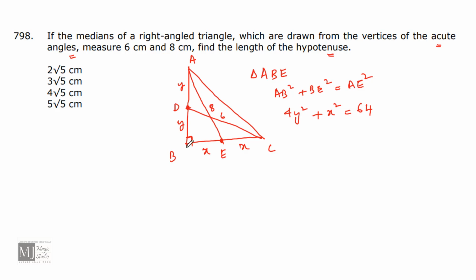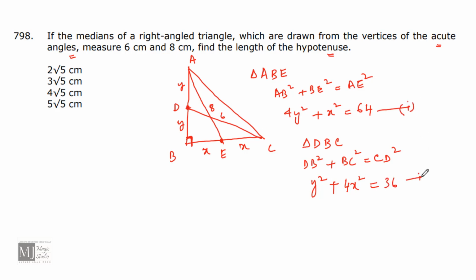Similarly, if we look at triangle DBC, which is also again a right angle triangle, I can say DB square plus BC square equals CD square. DB is y, y square plus BC is 2x, that is 4x square, equals CD square, 6 square, that is 36.